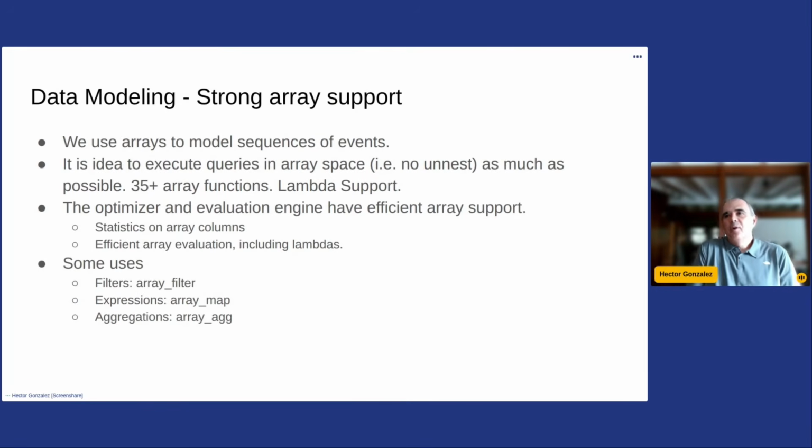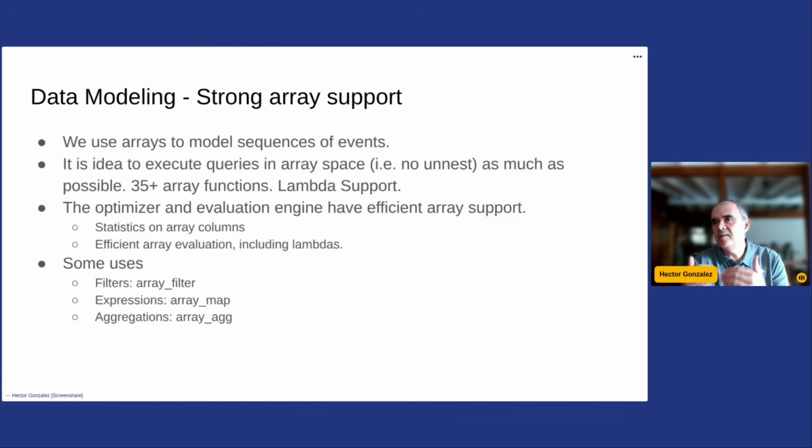In terms of modeling the data for process mining, I think there are a few features that are quite important to us. One is strong array support. We use arrays to model sequences of events, and the basic idea is that we want to execute the queries mostly in array space. That means we don't want to unnest the arrays.